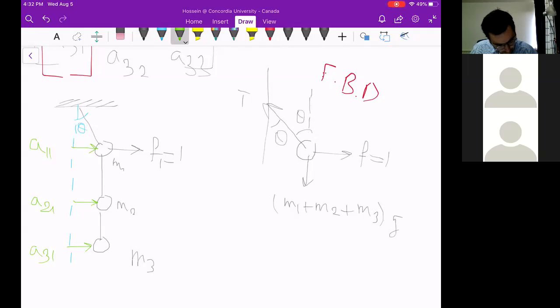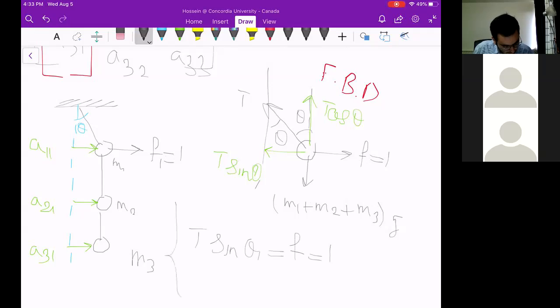Therefore, if I project the T here, we have T cosine theta and T sine theta. We apply a static deflection and there is no acceleration. According to Newton's second law, T sine theta1 is equal to F, which is 1.